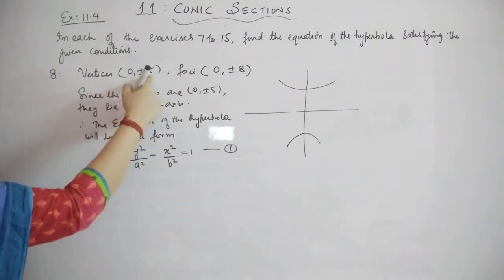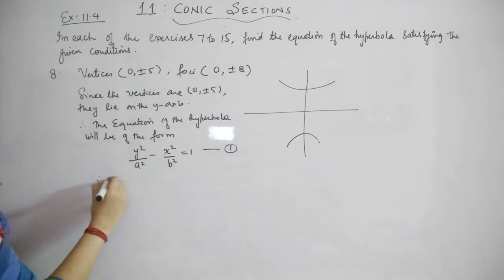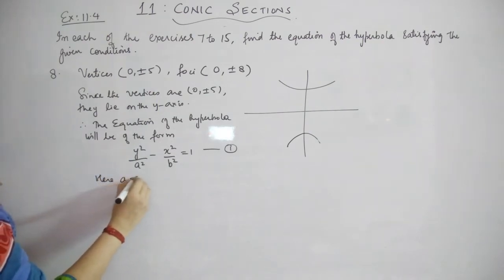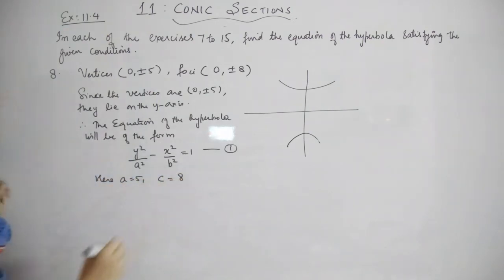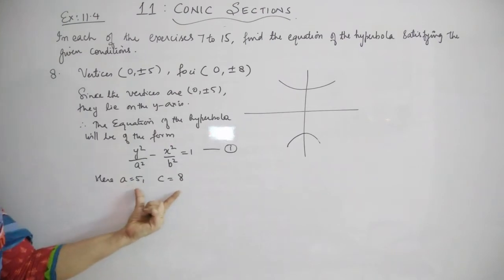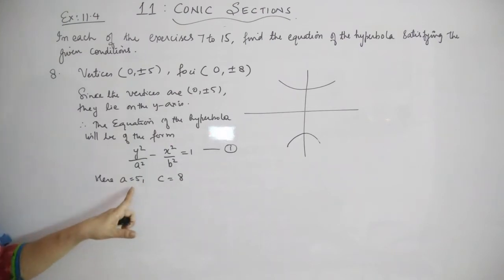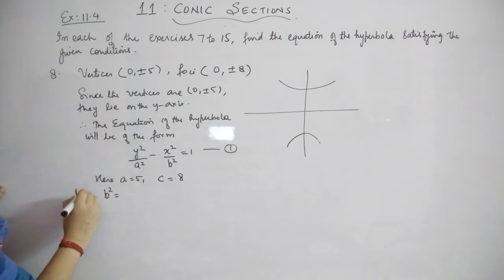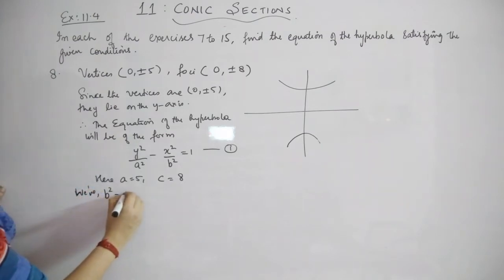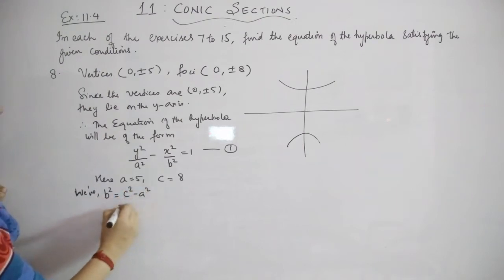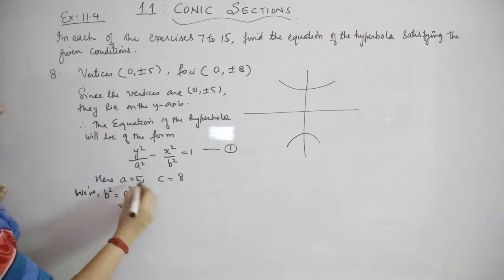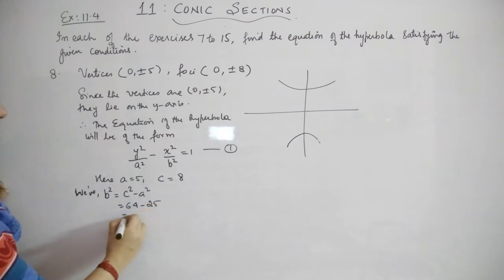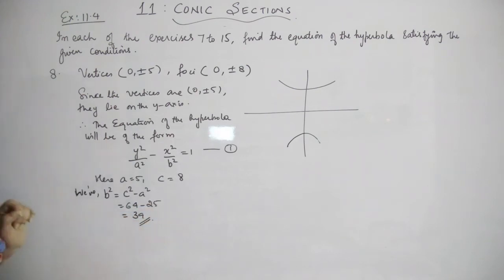Vertices are 0, plus or minus 5, so a is equal to 5 and c is equal to 8. You can just see that for a hyperbola the value of c is always greater than the value of a. Now what is the relation connecting a, b, c? We have b square is equal to c square minus a square. C square is 64 minus a square which is 25, which gives 39. So this is b square.